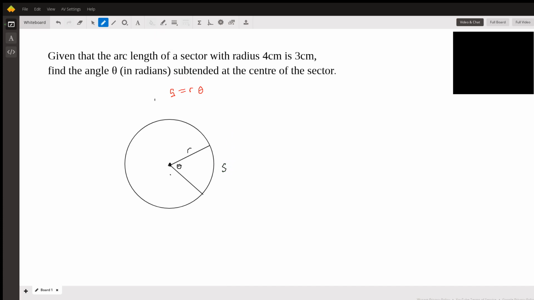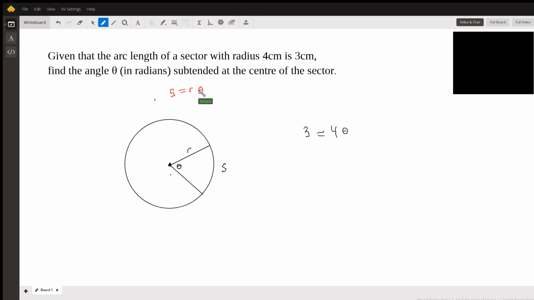All right, so now we'll just apply the values that were given here. Given that the radius of the sector is 4, we'll put the 4 here. And the arc length is 3, so we'll put the 3 here. They want to know how big theta is, so we'll put the theta here.